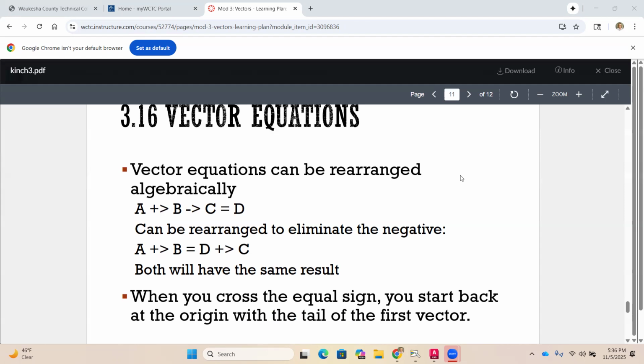So a vector equation is really in that same format that we've been looking at. In the previous sections, we've usually been trying to find the result of adding or subtracting vectors, okay? Now what you'll notice is we are going to have a vector equation with multiple vectors on both sides of that equal sign.